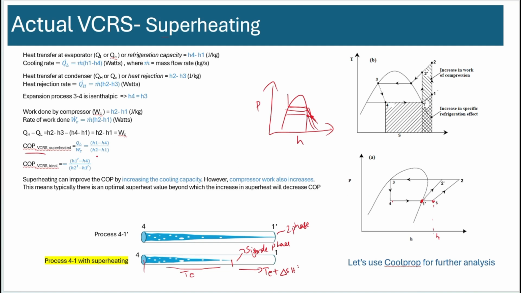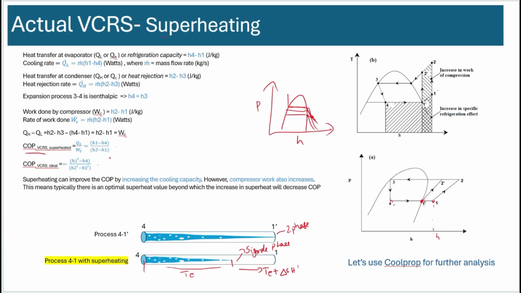So H1 minus H4, and then the input is the work, which is H2 minus H1, the compressor load, okay? For the ideal scenario, it is H1 prime minus H4, because you're coming out here in the evaporator and you're coming in here in the evaporator. So the enthalpy difference is this much. And the work done in the compressor is also different here.